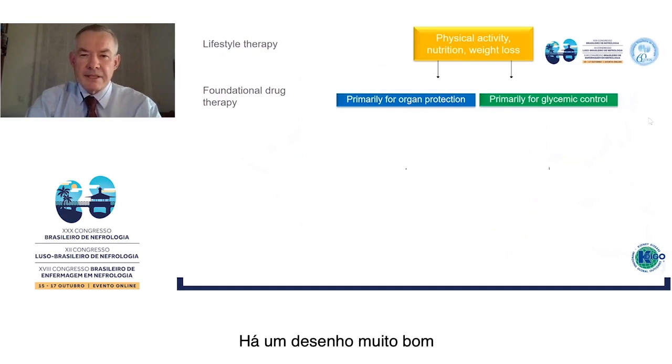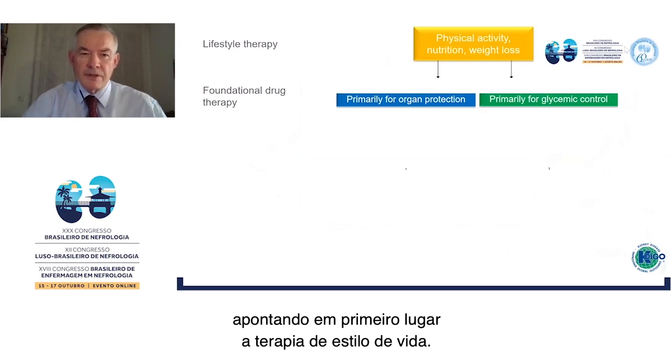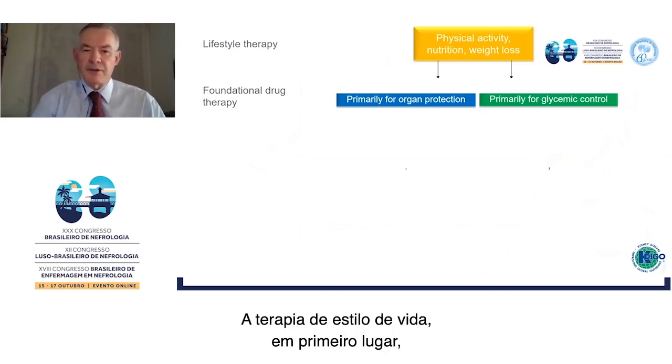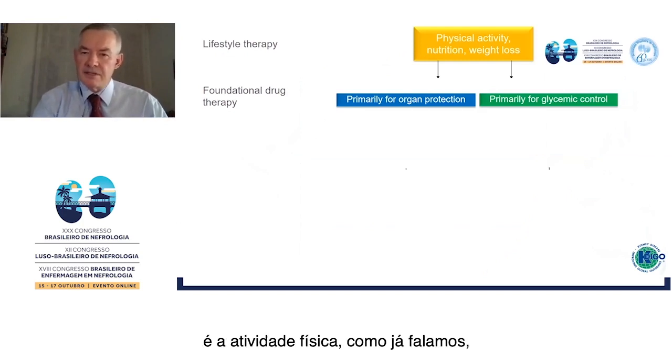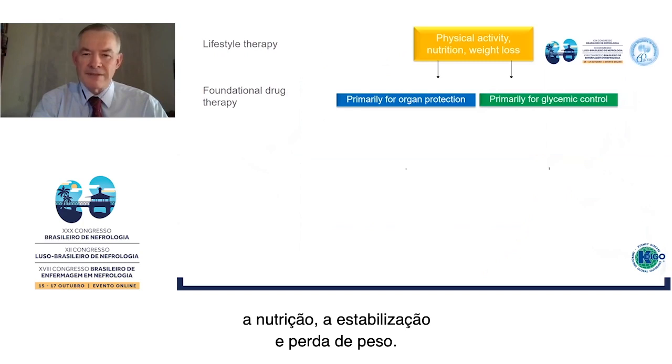There is a very nice cartoon pointing out, in the first place, lifestyle therapy. Lifestyle therapy in the first place is physical activity, and we discussed it, is nutrition and weight stabilization or weight loss.